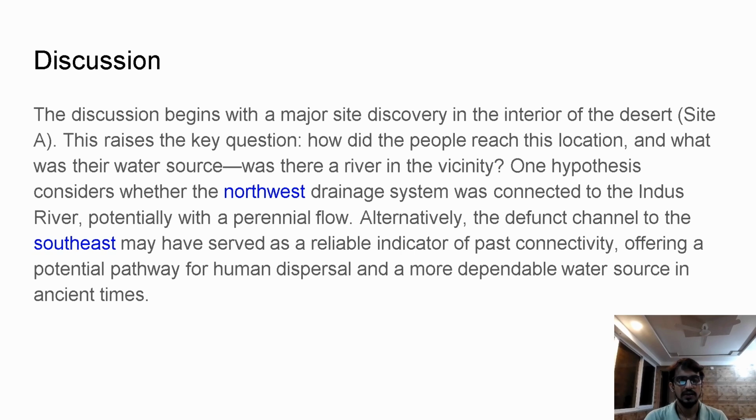Was there any river or lake that supported life in the desert, or were there different environmental situations? And if any drainage was there, whether it was linked to the northwest system or the southeast system. These were the major aspects which we were targeting during our study.